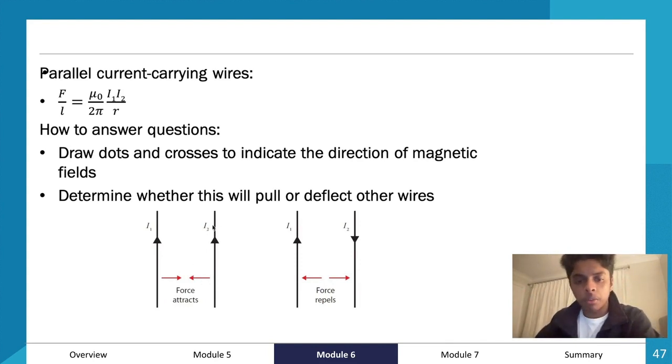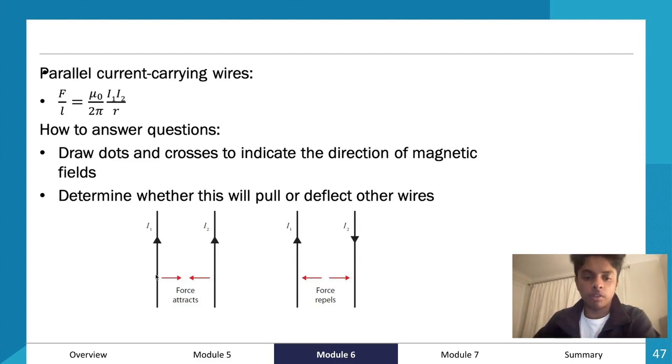Same thing can be done from I2 to I1. So for I2, as my fingers curl around from my right hand grip rule, my fingers will leave the page. And so I2 will induce a magnetic field moving out of the page on I1. To solve this now, I will point my four fingers out of the page, my thumb upwards because current is going upwards in I1, and then my palm will point to the right.